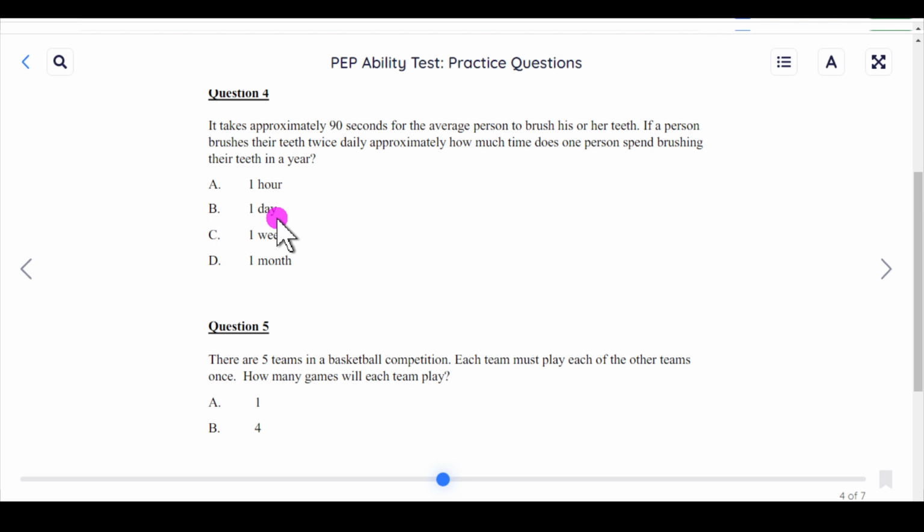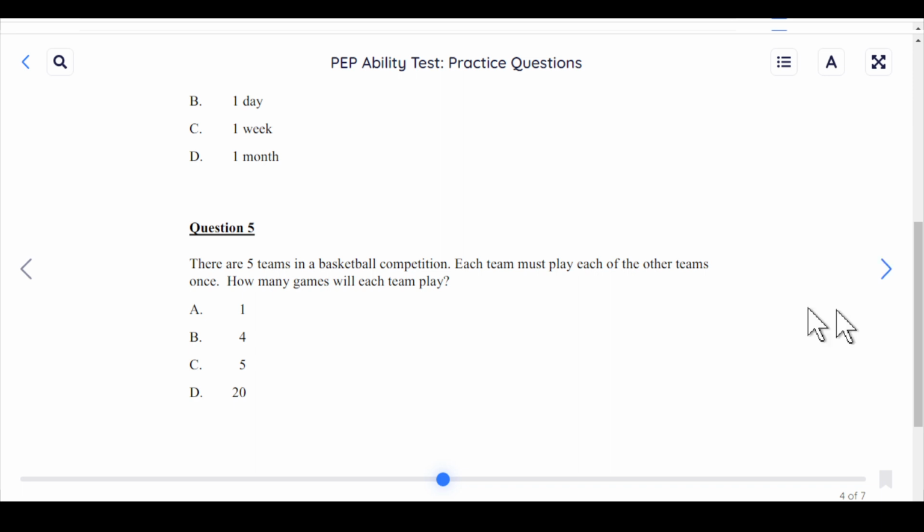We get 1,095. We divided that by 60 and got 219 over 12, yes, because we were reducing. We got 18 and a quarter hours. So that is closest to 1 day.